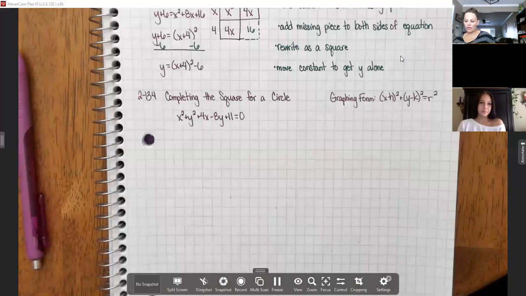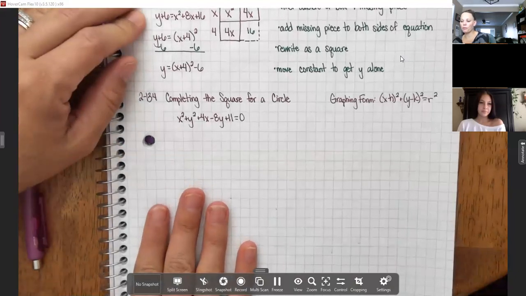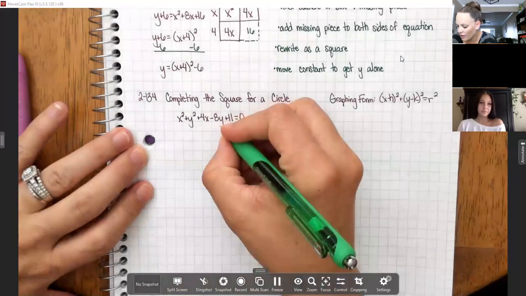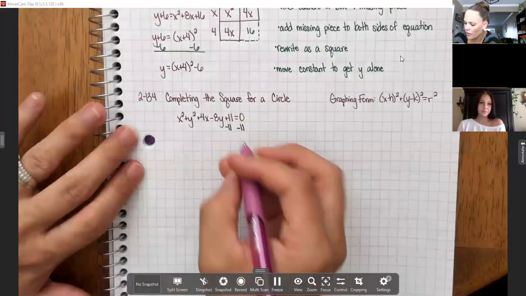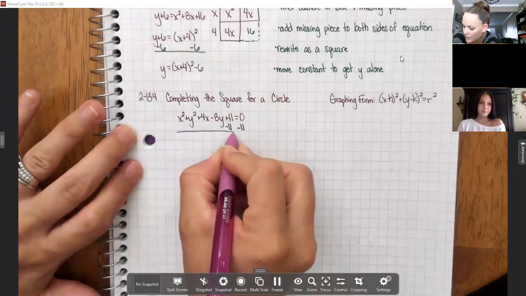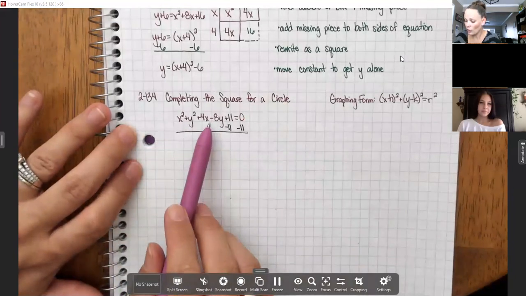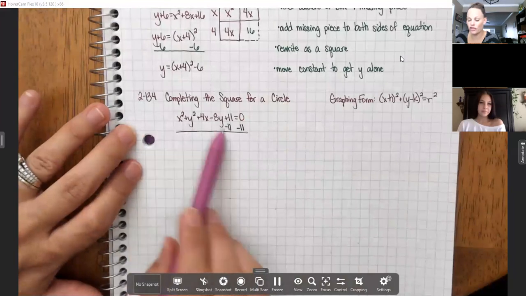So this is very similar to completing the square for a parabola. The first thing we're going to want to do is move that 11 to the other side. Sometimes it'll already start on the other side, but basically you want to get your x's and y's on one side together. So I'm going to subtract 11, and I'm going to rearrange this left side.